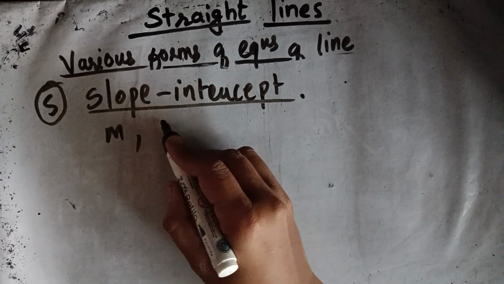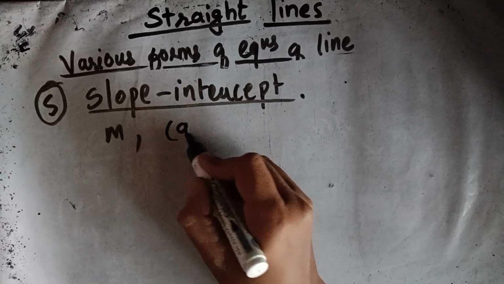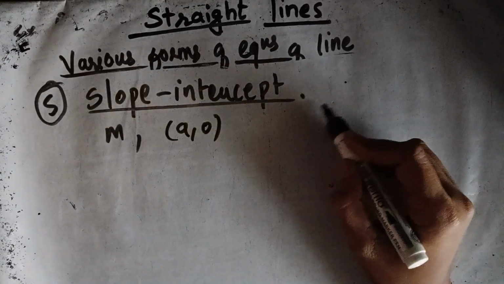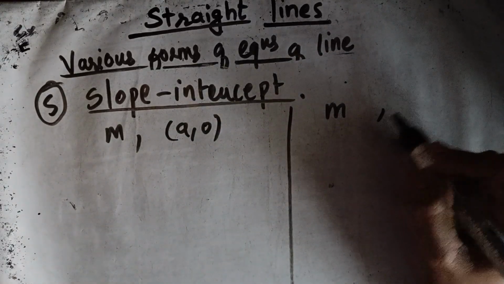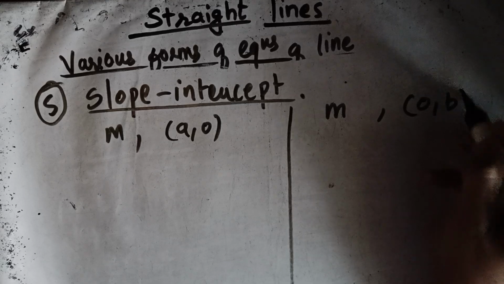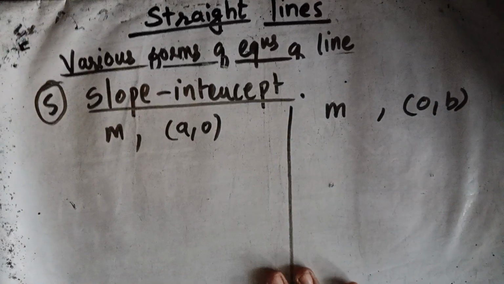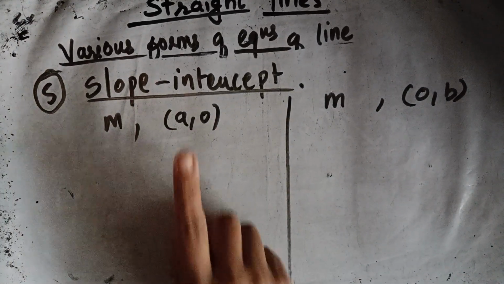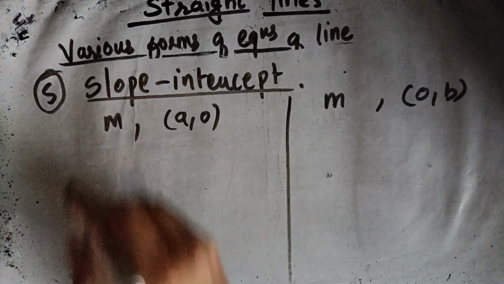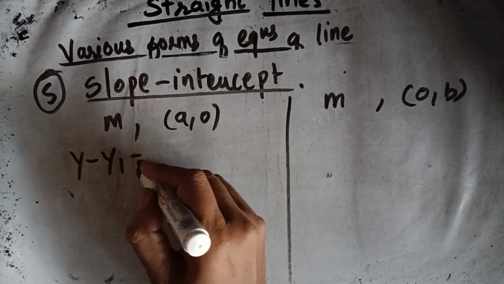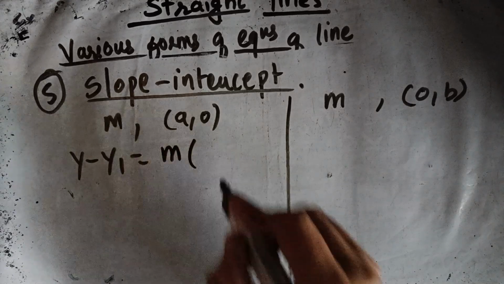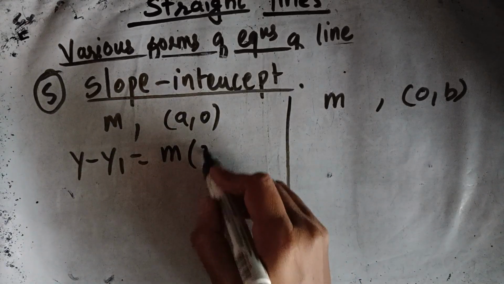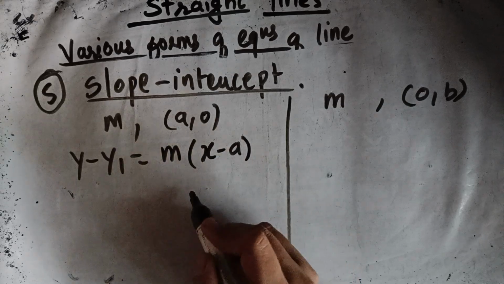Suppose I have the x-intercept, that is a comma 0, and a slope, and there is another with a slope and y-intercept. So for the x-intercept, the equation becomes y minus y1. You have to make use of slope point form. So m into x minus a.